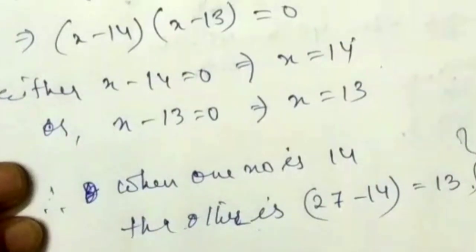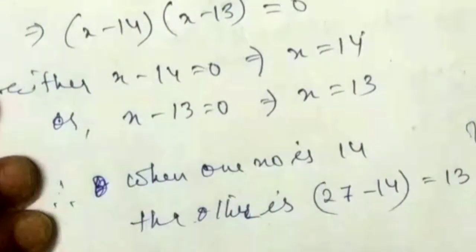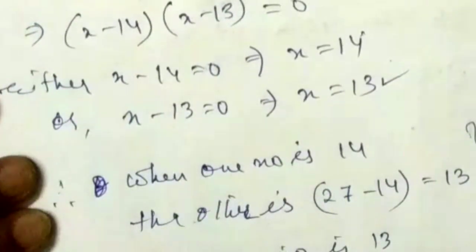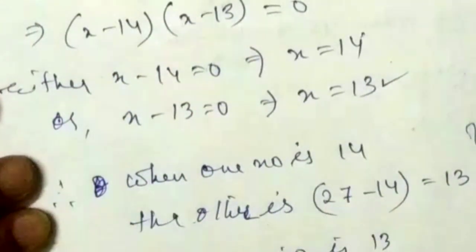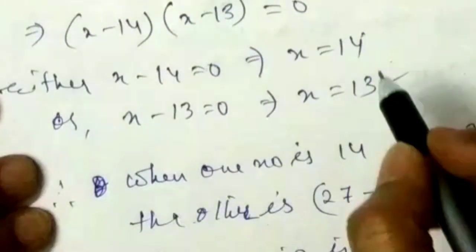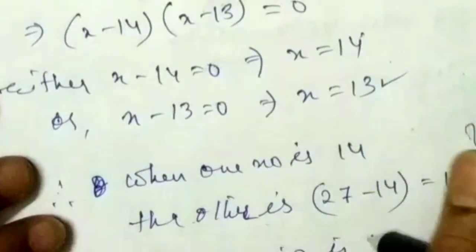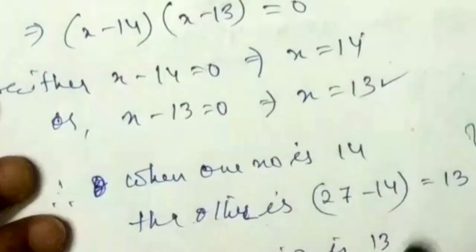Or when one number is 13, then the other is 27 minus 13 is equal to 14. Thus we can get the numbers. So when there are two values, you take any one of them for finding the other. Question number 4.